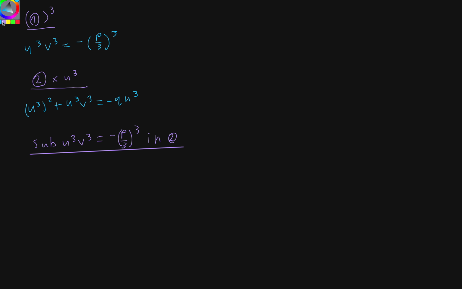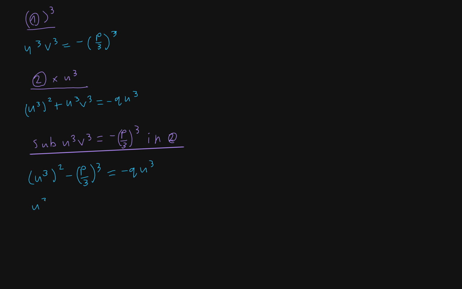Alright, so now we're going to have (u cubed) squared minus (p/3) cubed is equal to -q times u cubed. Then we can rearrange everything to one side.